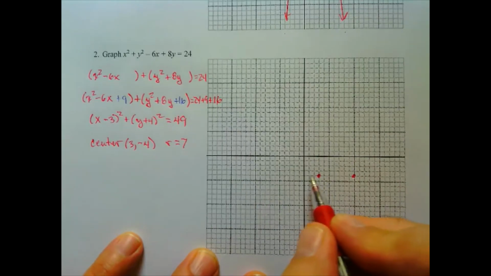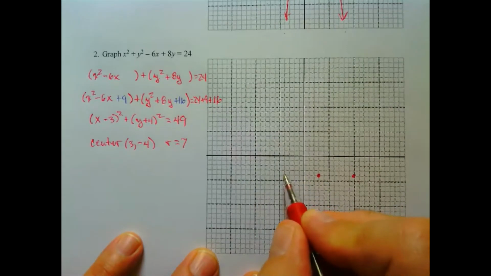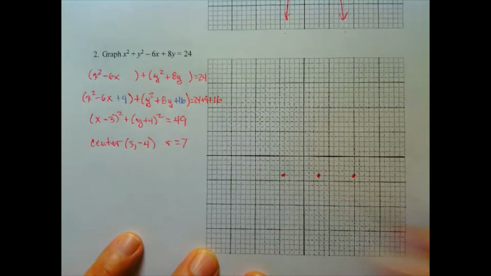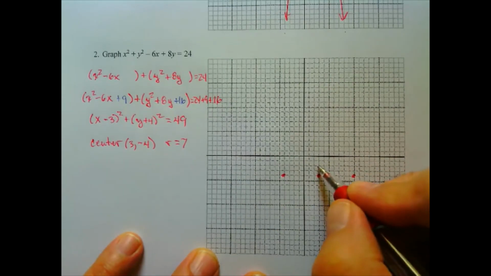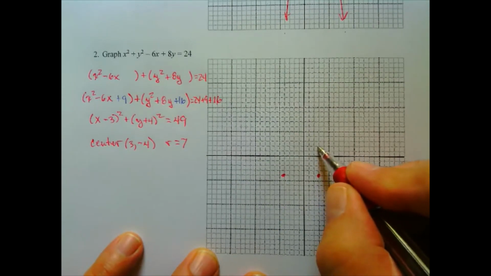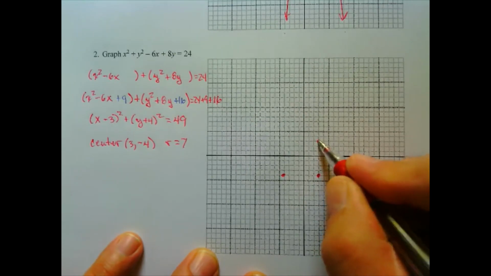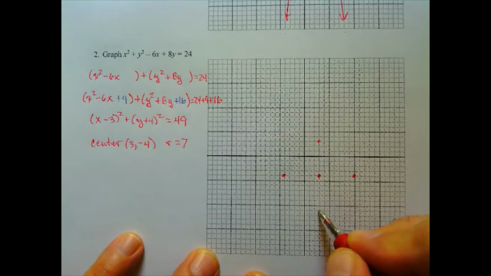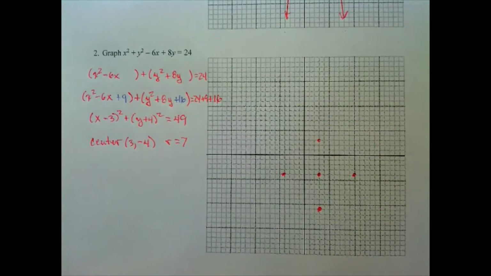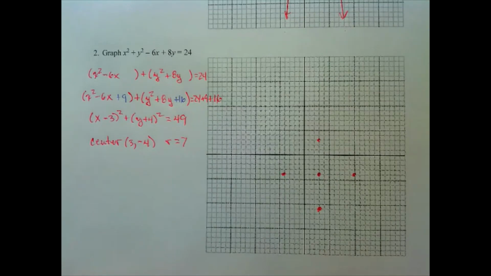And then 1, 2, 3, 4, 5, 6, 7 that way. So that's the 7 left and right. And then 1, 2, 3, 4, 5, 6, 7 up there. And 7 down here. So here I have the first 4 points, up 7, down 7, left 7, right 7. So that's the first part of making this graph.